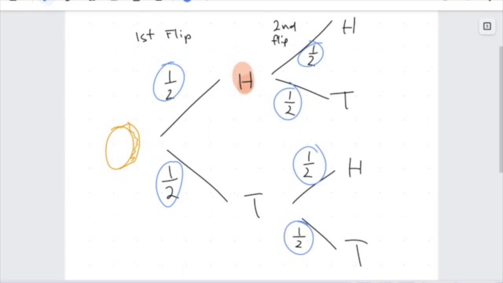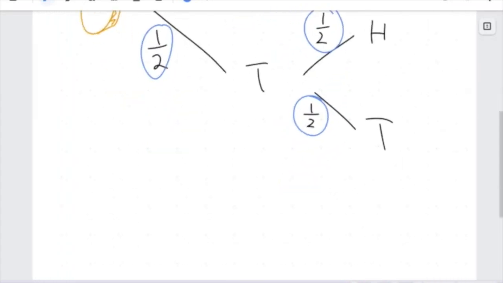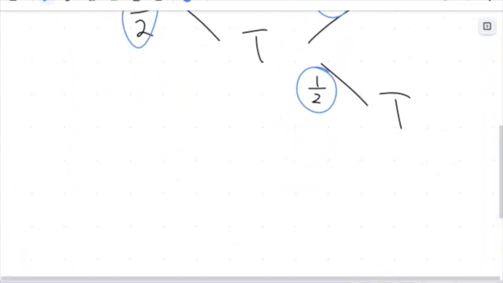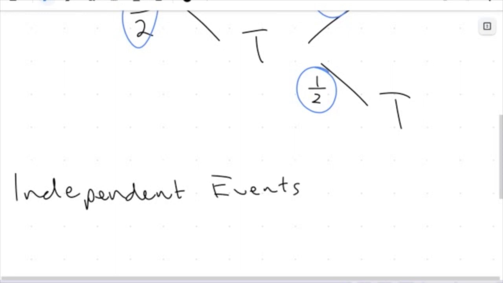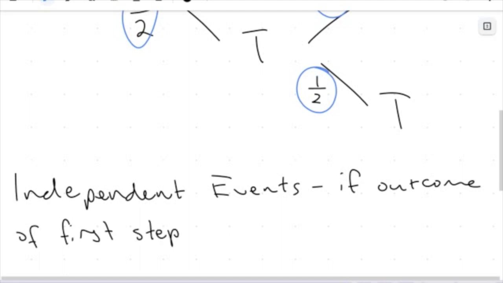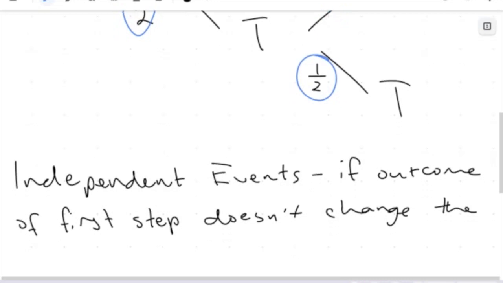So we define independent events, okay, as if the outcome of the first step, so for example this first toss of the coin, does not change the probability of the second step.